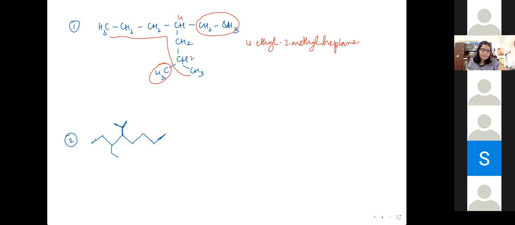Whatever is the parent chain, these carbons are already counted. So you're already saying 4 or 3, like whatever position number is there, you're saying, okay, on this carbon there is a branch. So within the branch, you start from whichever carbon it's attached from. So this would be carbon 1 and this would be carbon 2. Yeah. So if you want to describe position of this, you take this number.